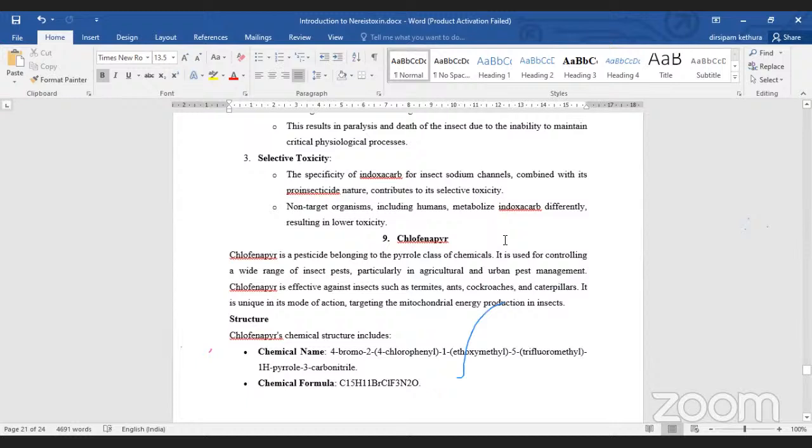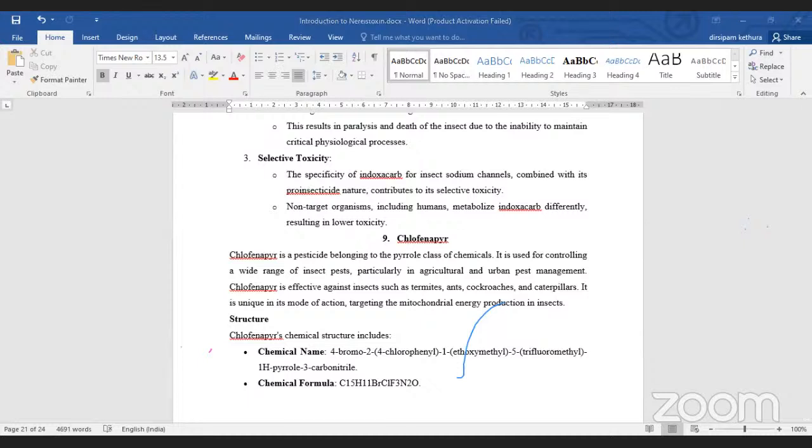Coming to the selective toxicity, the specificity of indoxacarb for insect sodium channels combined with its pro-insecticide nature contributes to its selective toxicity. It also affects non-target organisms, including humans, but they metabolize indoxacarb differently, which results in lower toxicity.